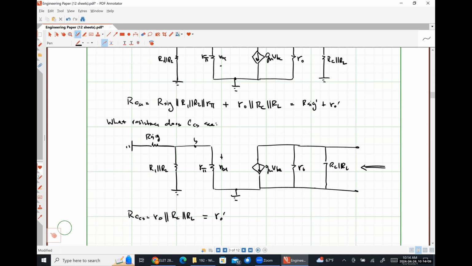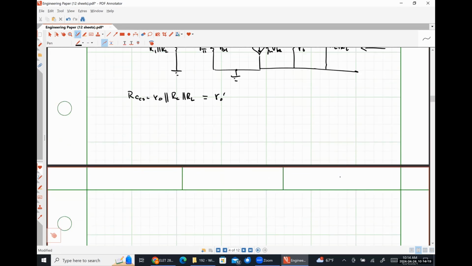For a common source amplifier, we could use literally the exact same relationships, replacing, so let's write this out here. So for a MOSFET, everywhere we see R pi, we replace it with an open circuit. Everywhere we see RC, we replace it with RD.